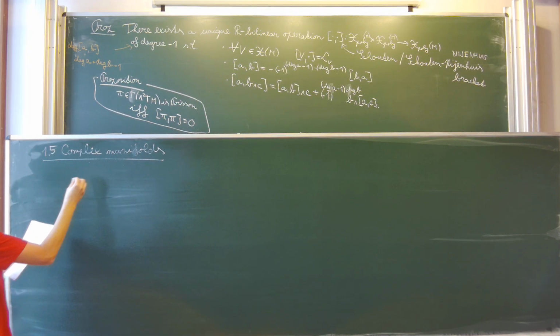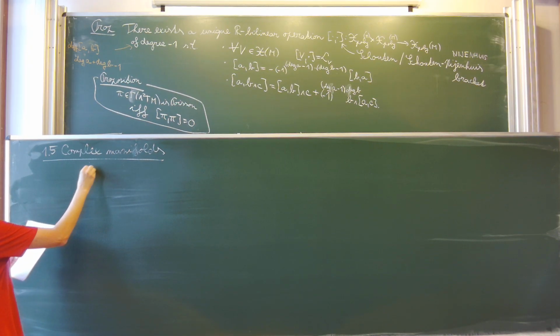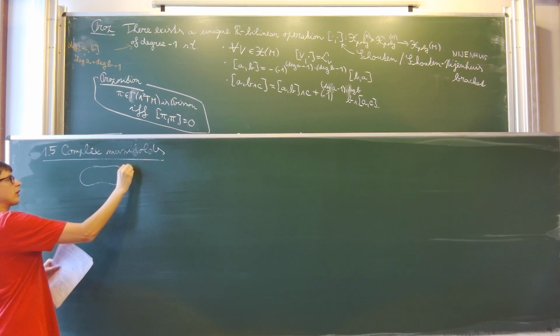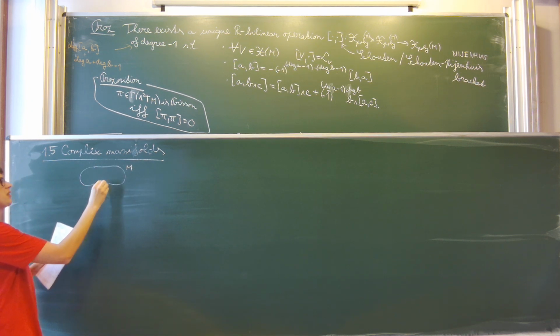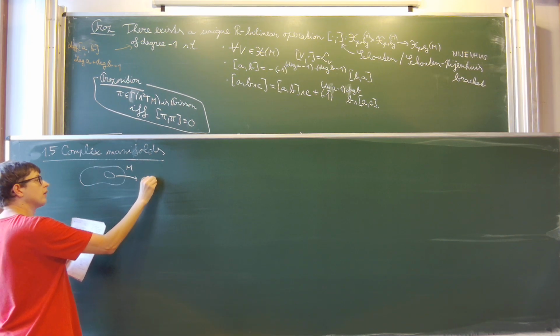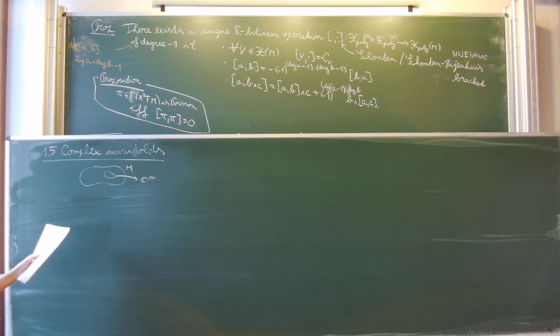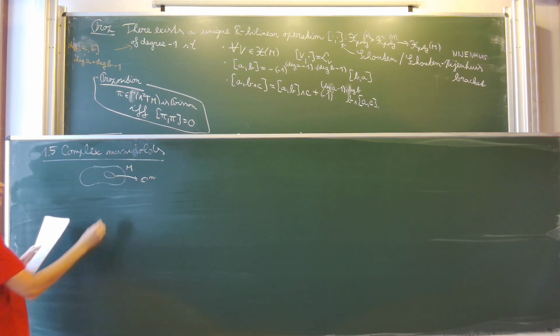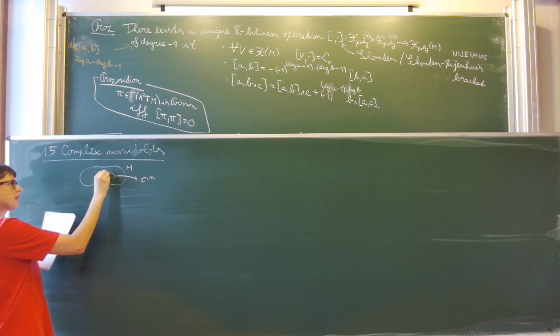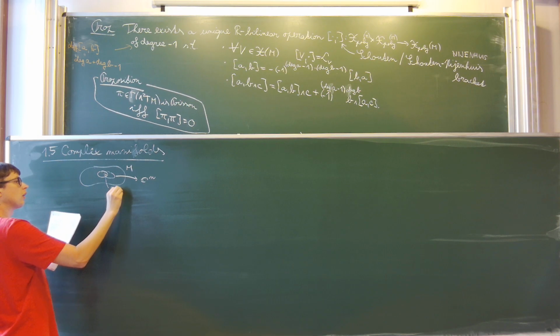Without going into too much detail, you can imagine that it's the same as with smooth manifolds. You have a topological space with some desirable nice properties, and you want that locally there are maps from this into C^n, so not R^n, but C^n. And you want that whenever you have an overlap, the transition functions are all holomorphic.